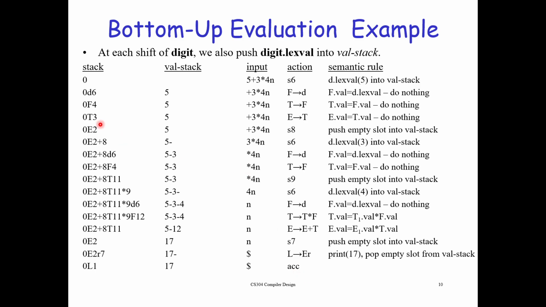So this is how the stack part for LR parser for evaluating synthesized attribute will look like. The stack val part can store the value of the attribute. So in this case, the stack has shown the grammar symbol as well as the state symbol. Only corresponding to the grammar symbol there will be values.